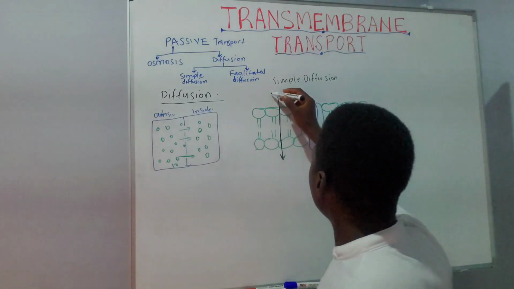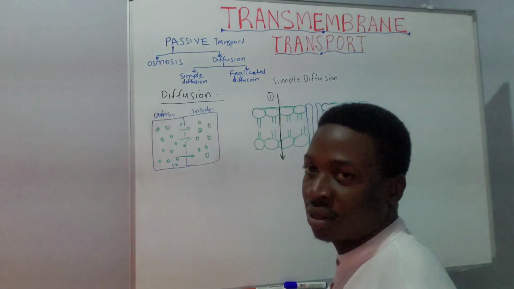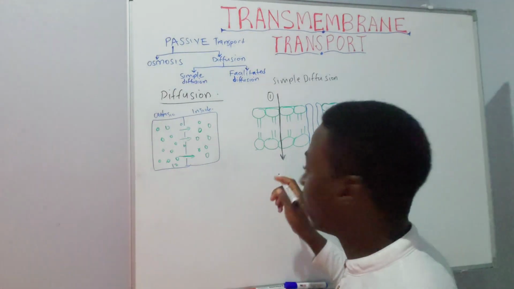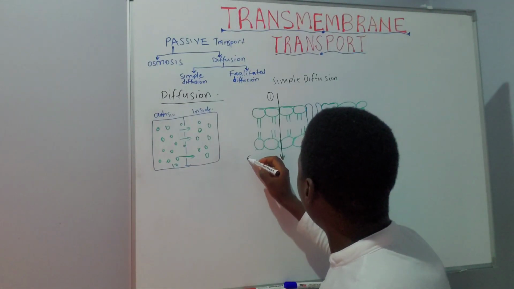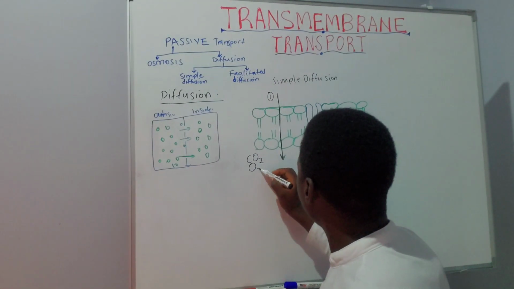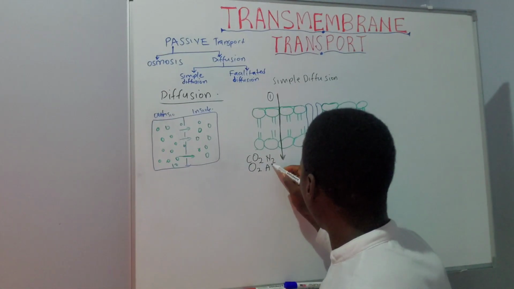So one form of simple diffusion is movement of molecules through intermembrane spaces, by the fact that they are lipid soluble. For example, we can have carbon dioxide, some gases, oxygen, nitrogen, and also alcohol.